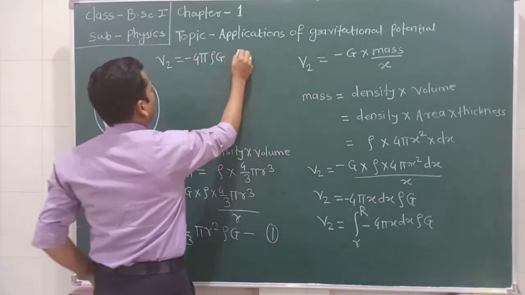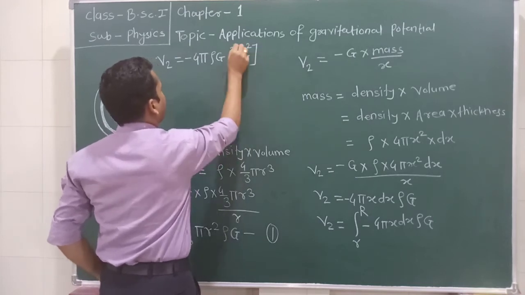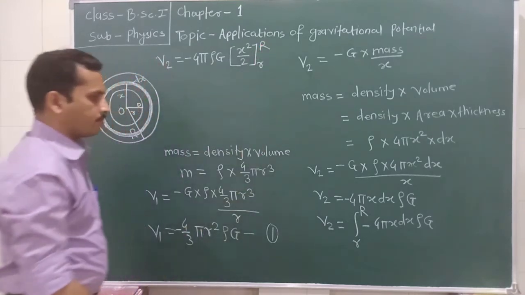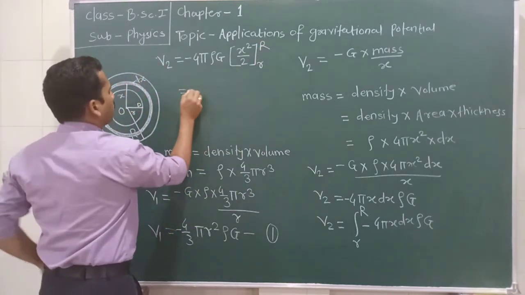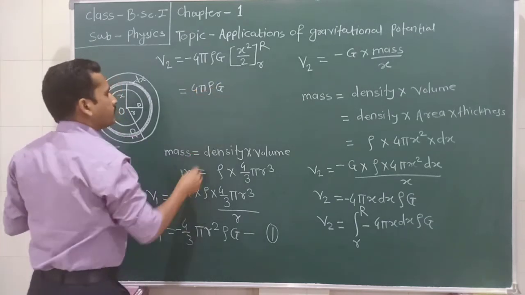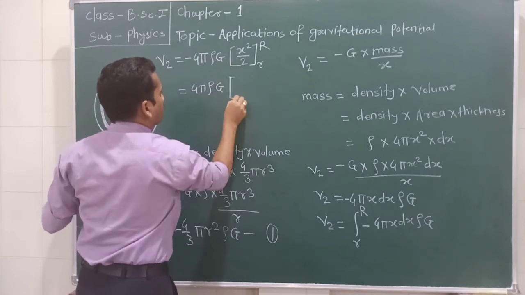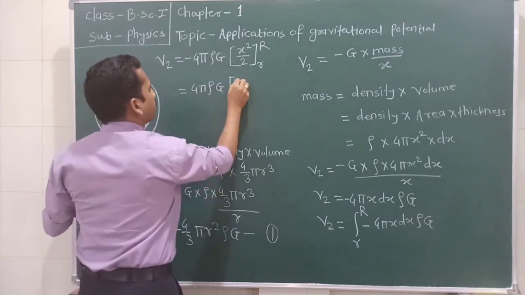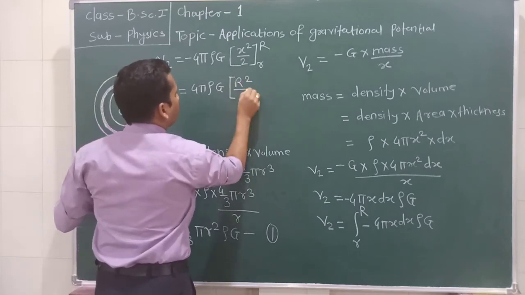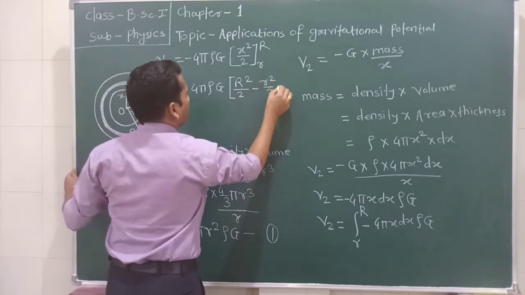It is equal to x square divided by 2 within the limits small r to capital R, which is equal to 4 pi rho g into R square divided by 2 minus small r square divided by 2.